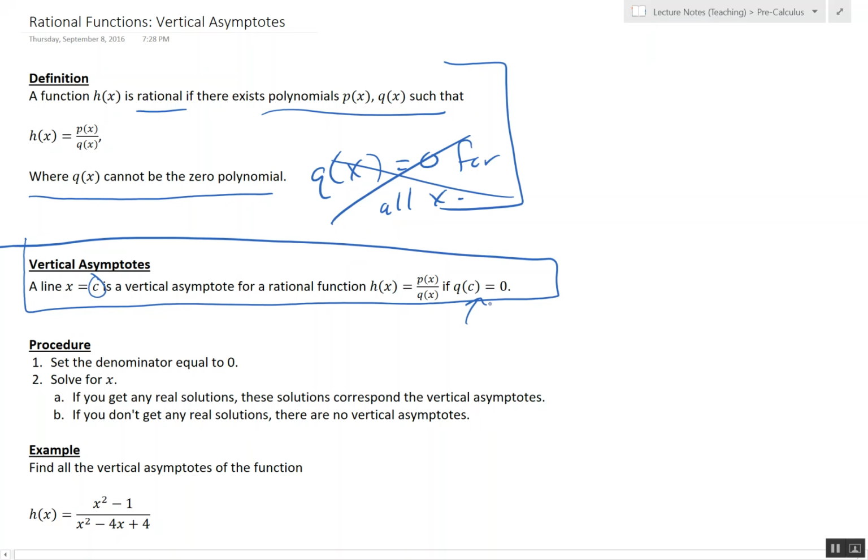So this sets up a nice little procedure: you start off by setting the denominator equal to 0 as some side work. You solve for x, and if you get any real solutions, then they correspond to the vertical asymptotes. But it's also possible that you don't get any real solutions, and that means that there are no vertical asymptotes for that particular graph.